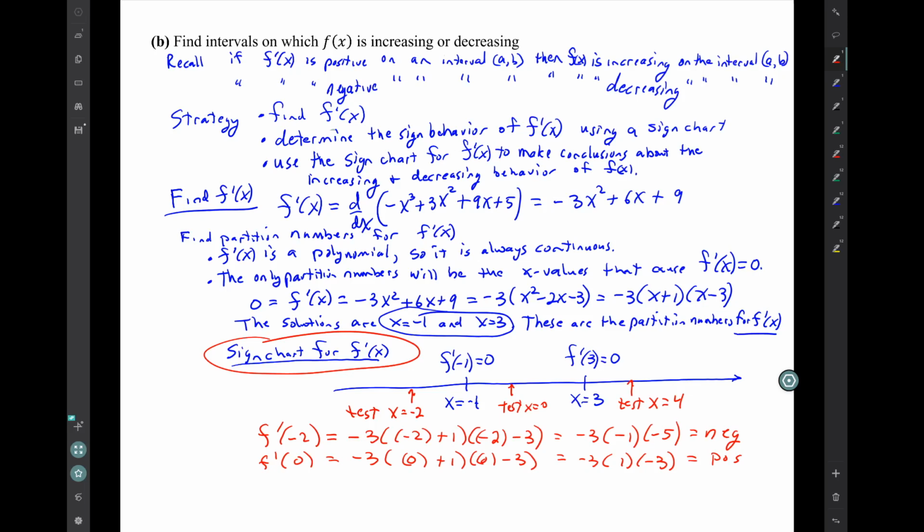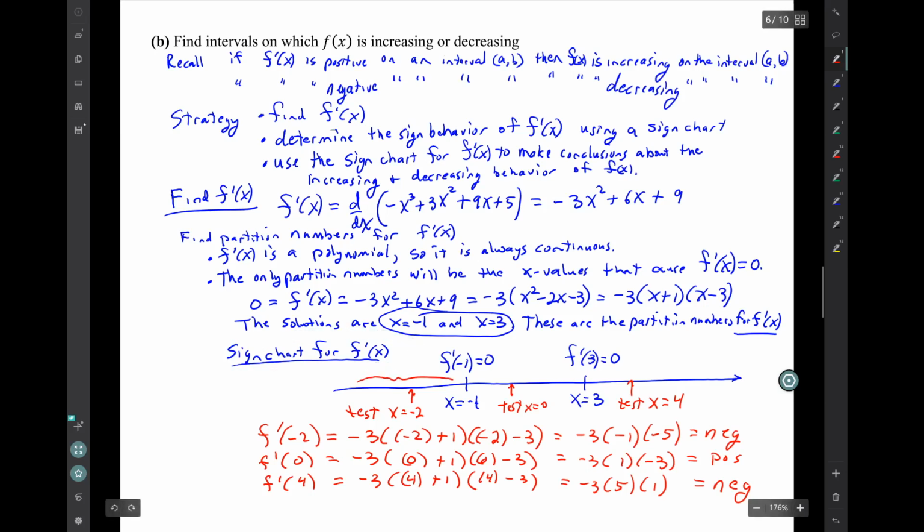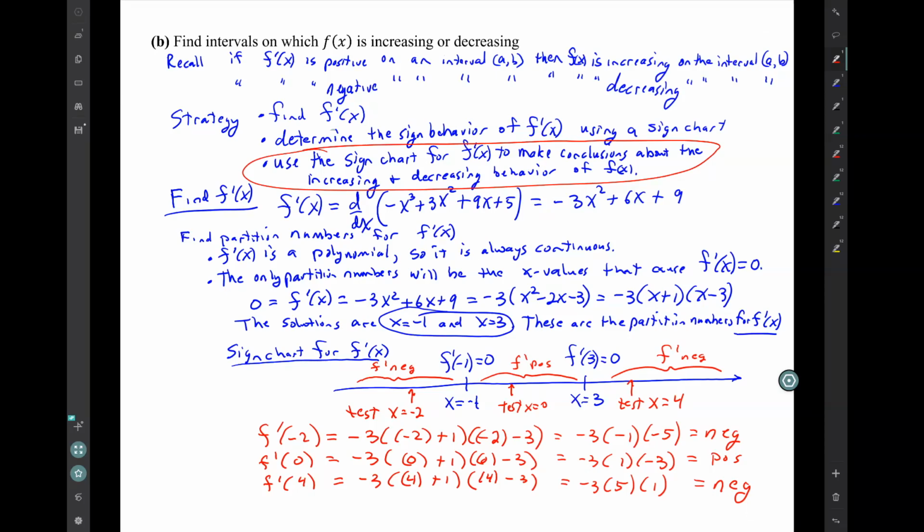F prime parentheses 0 is positive. And f prime parentheses 4 is negative. So let's put that sign information on the sign chart for f prime. And then finally, we have to make our conclusions about the increasing, decreasing behavior of f of x. We'll do that on the next page.